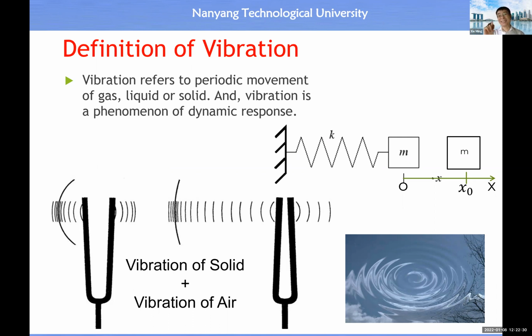We will study vibration in air in a separate lecture. Here, the focus is on the measurement of vibration by solid, so let's keep our focus on the study of vibration by solid.